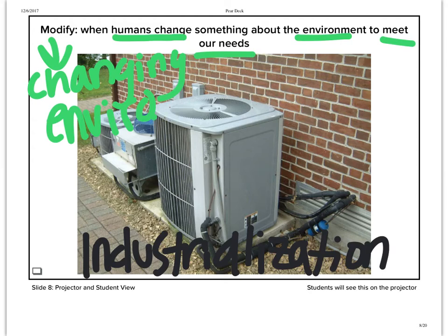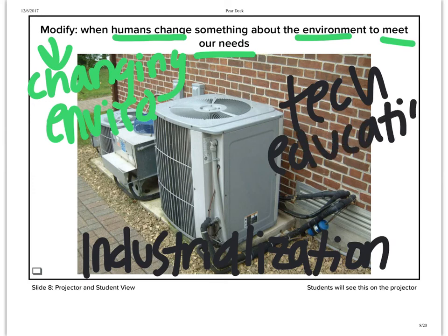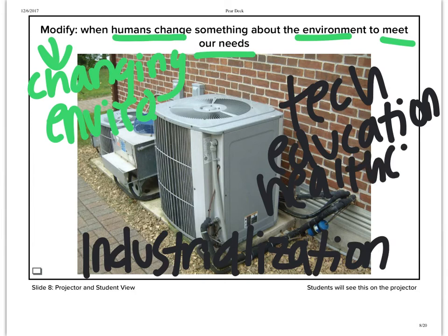A developed nation has gone through industrialization and has more technology, more education, and more health care. And so their population is overall more stable and healthier. That's when we were looking at those population pyramids. So we've talked about industrialization before.